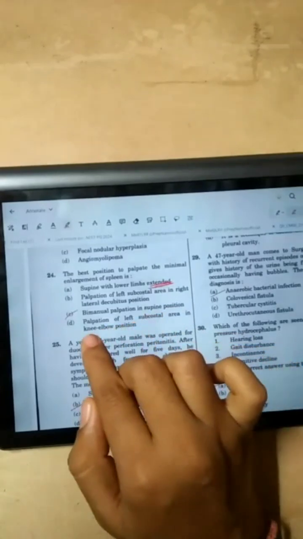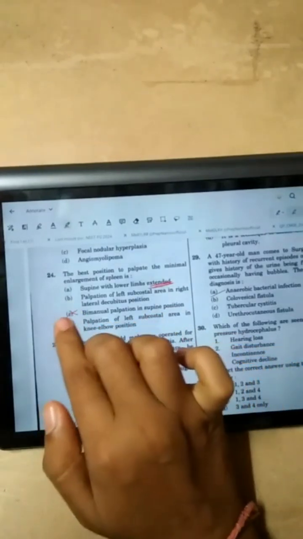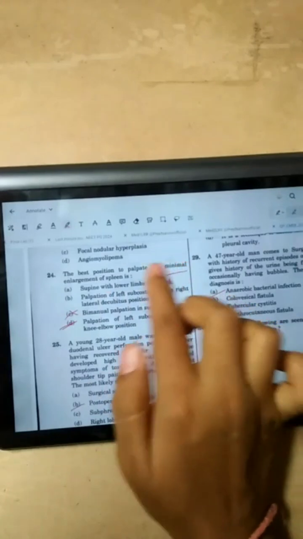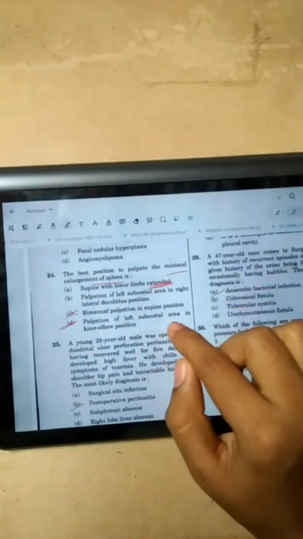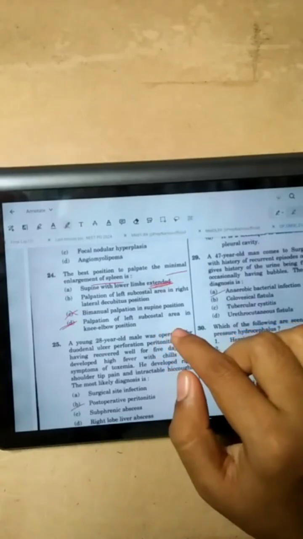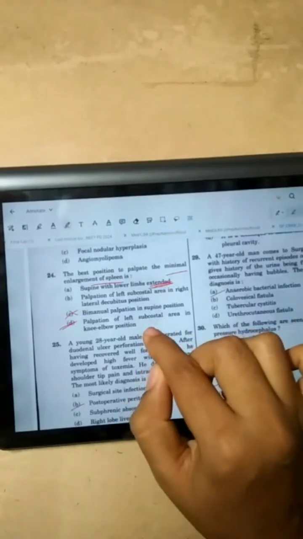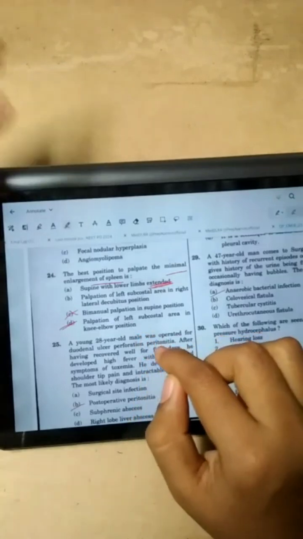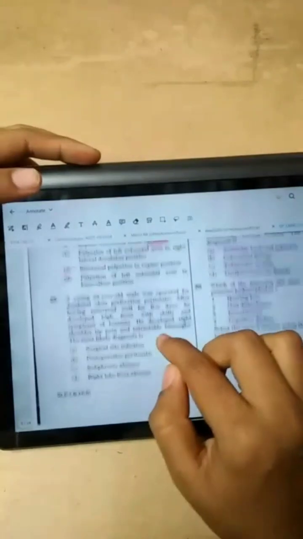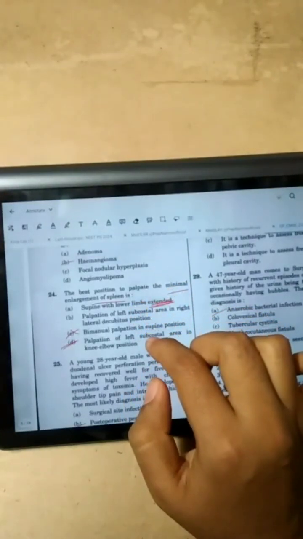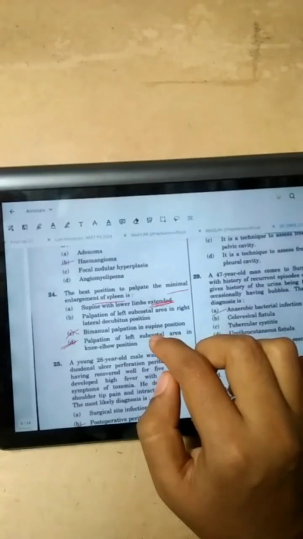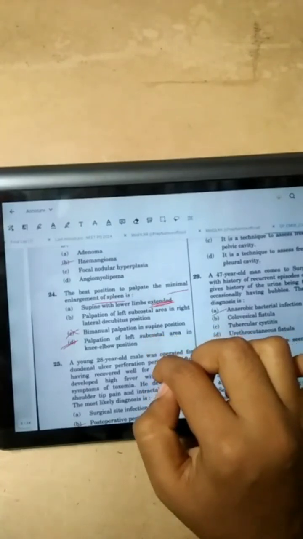I guess D would be a better option for minimal enlargement of spleen. Palpation of left subcostal area with knee-elbow, the dog position. Because they asked minimal, I shifted from C to D. I don't know which is correct actually, this answer.